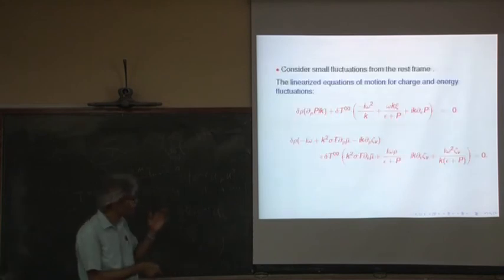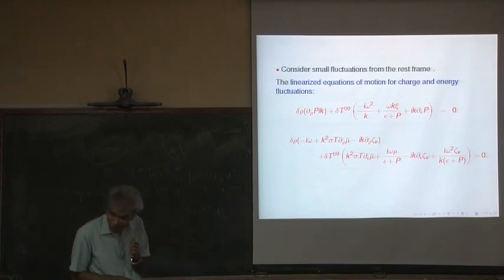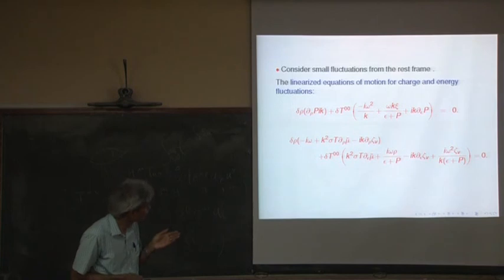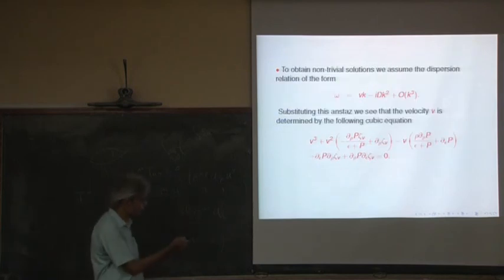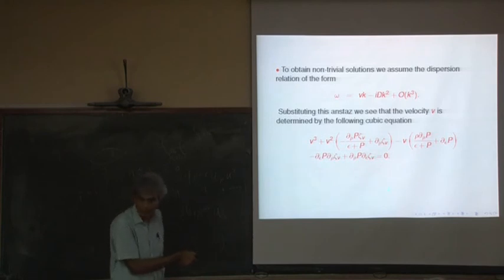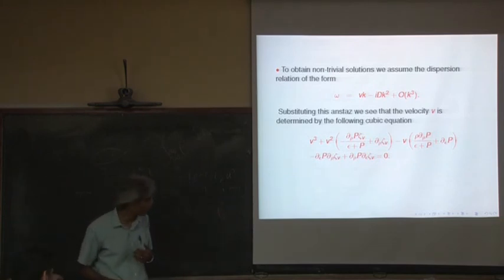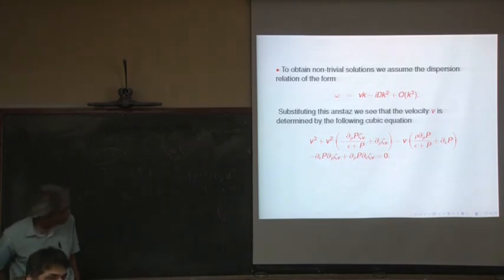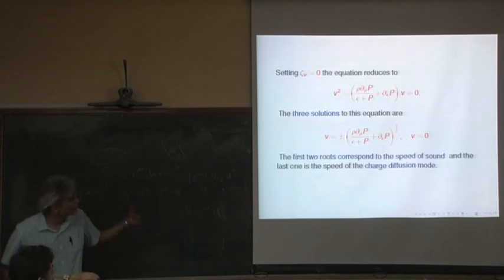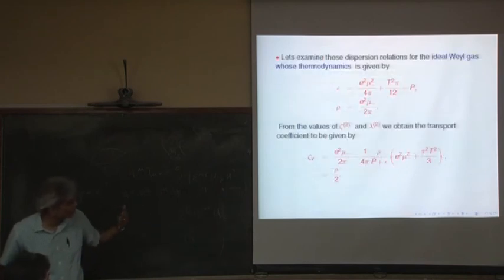If you set mu equal to 0 first and calculate this, it turns out to be 0. But if you turn on mu and then do the calculation, the answer somehow is independent of mu. Because you take the ratios and so on, it turns out to be independent of mu.